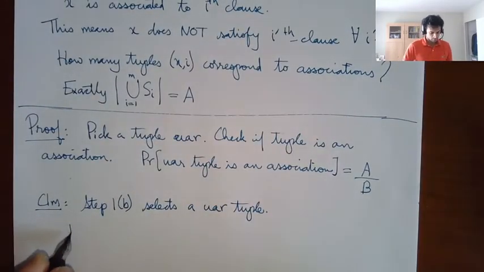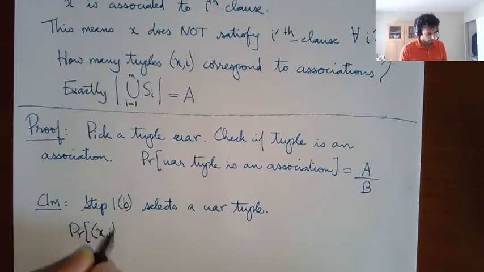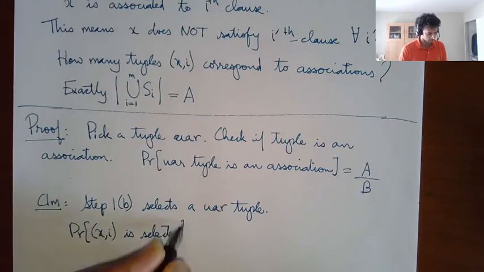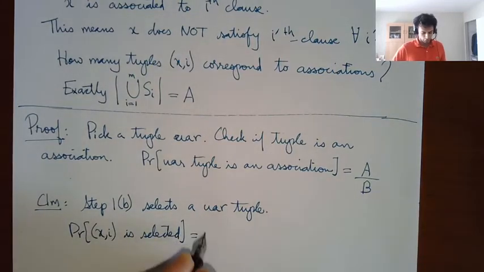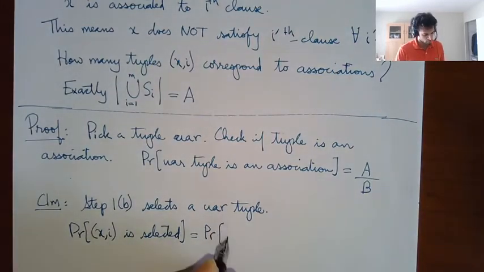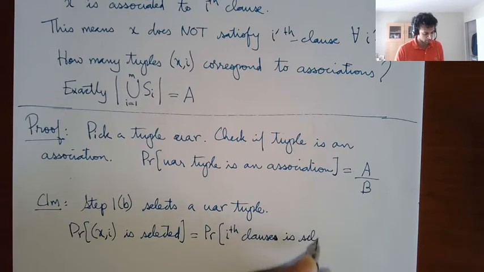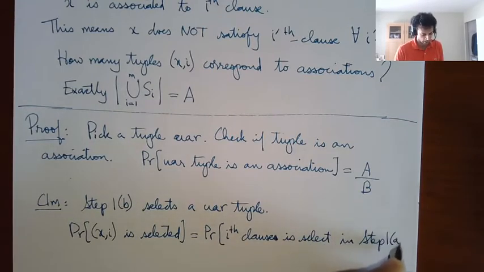So what is the probability that the tuple (x, i) is selected? Well, first the ith clause has to be selected in step 1a.